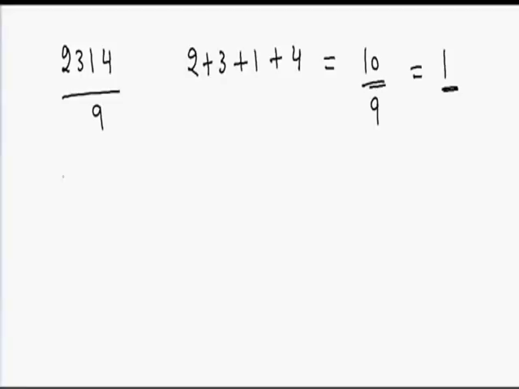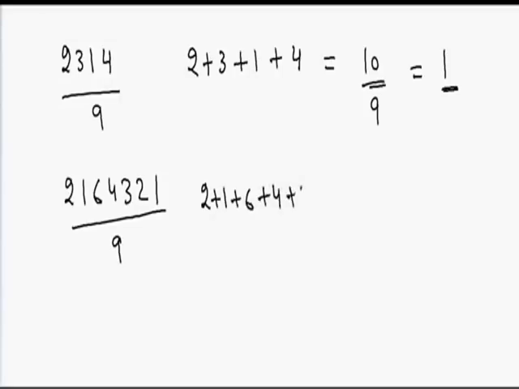Another example is 2164321. You can see it's a very large number, so what will happen if you divide it by 9? In that case, 2 plus 1 plus 6 plus 4 plus 3 plus 2 plus 1. So 2 plus 1 is 3, 3 plus 10 is 13, 13 plus 6 is 19.